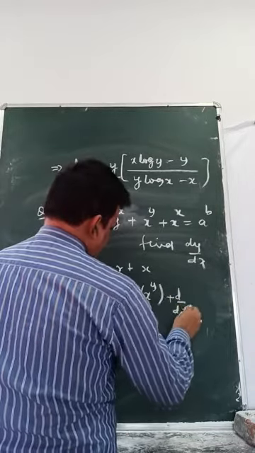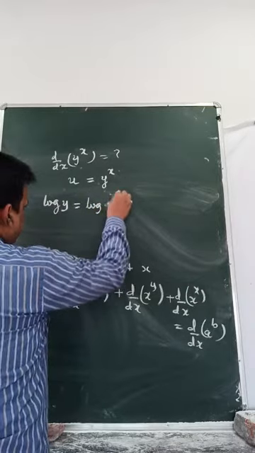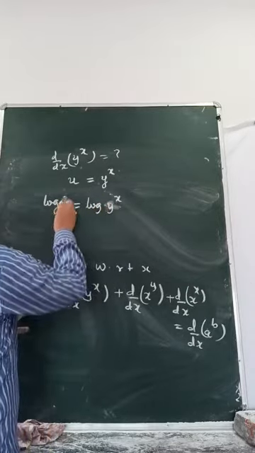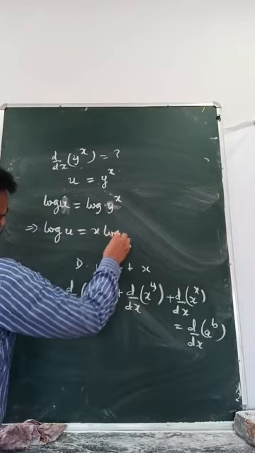So log u equals log y to the power x, which implies log u equals x log y.